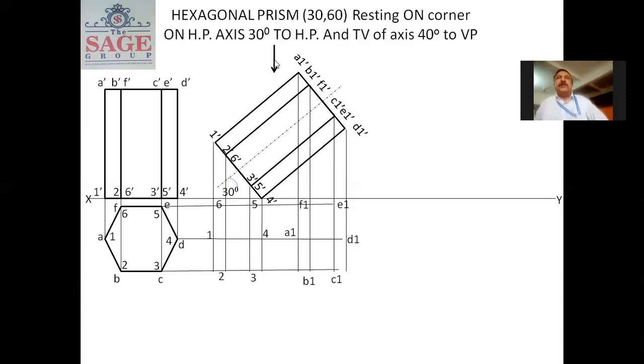Now we draw an arrow in this direction. This is the direction of the observer. So we have to observe from top.